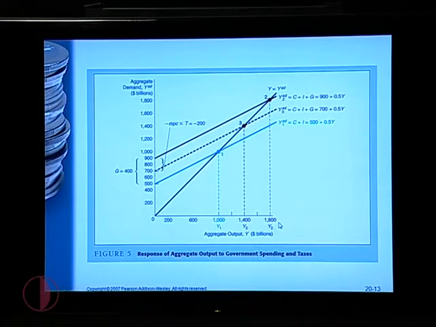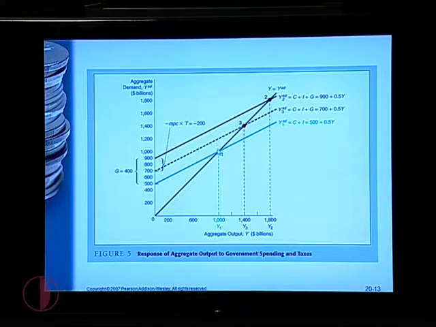So now we are going to look at the response of output to government spending and taxes. How does the aggregate level of output respond to government spending and taxes?